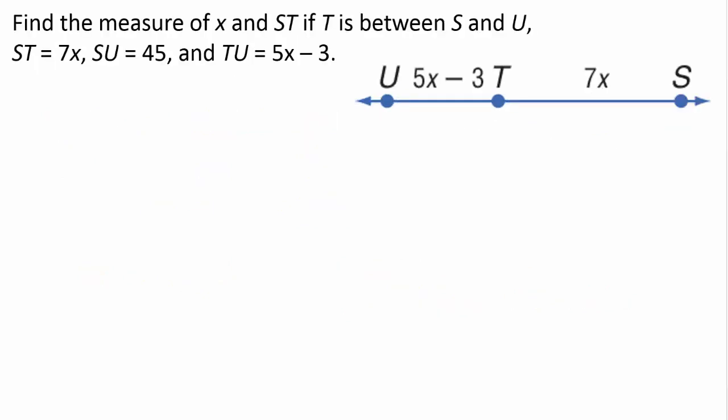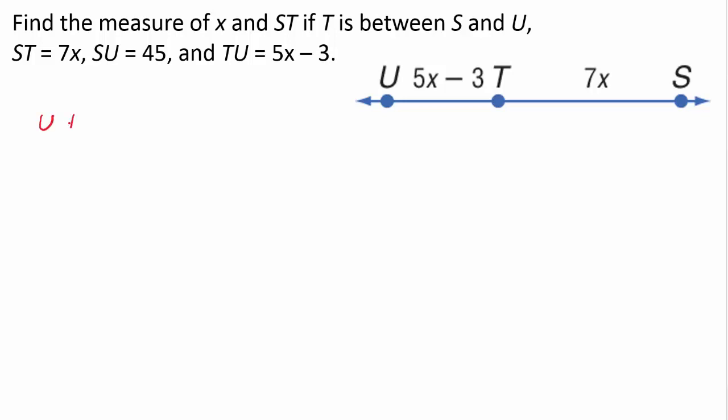Next, we're going to find the measure of the variable X and line segment ST if T is between S and U. ST equals 7X, SU equals 45, and TU equals 5X minus 3. Again, we're going to begin by writing an equation.